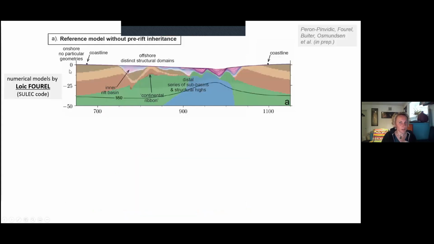So the idea is that you can create your rifted margin based on a standard homogeneous model, really homogeneous layering, no anisotropies, standard parameters, low velocity. You can already create quite nice geometries that really look like what we have offshore.